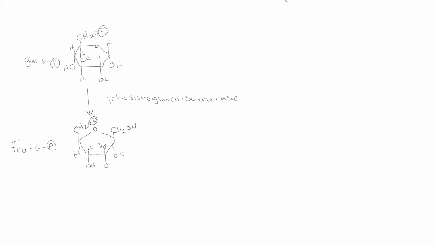Now, if you look at these compounds, all we've done is rearrange bonds. We haven't changed the number of atoms or the number of electrons. There's been no oxidation and no reduction. So energetically, these are very, very similar.